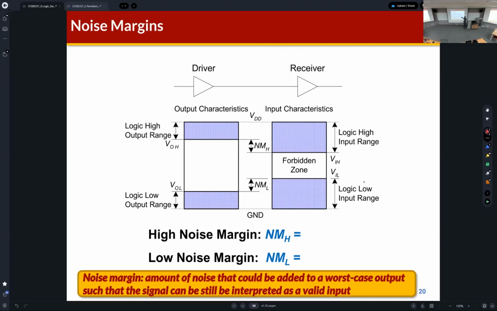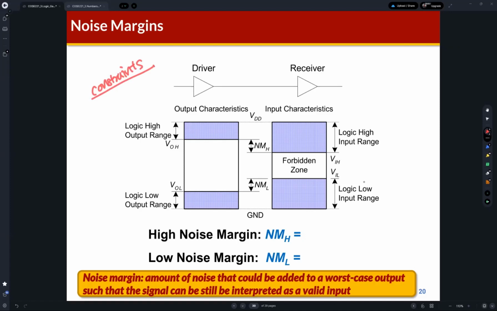So when we design a digital circuit, we need to set the output constraint, the output characteristics, and the input constraints of voltage level. This is called the constraint.